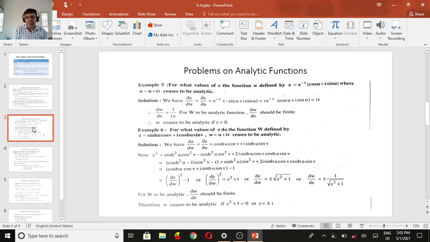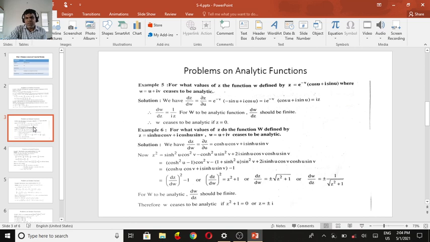For what values of z is the function w defined by z equal to sin hyperbolic u cos v plus I cos hyperbolic u sin v, where w equal to u plus iv, analytic? The same way as given in the previous problem, we have dz divided by dw equal to del z by del u.